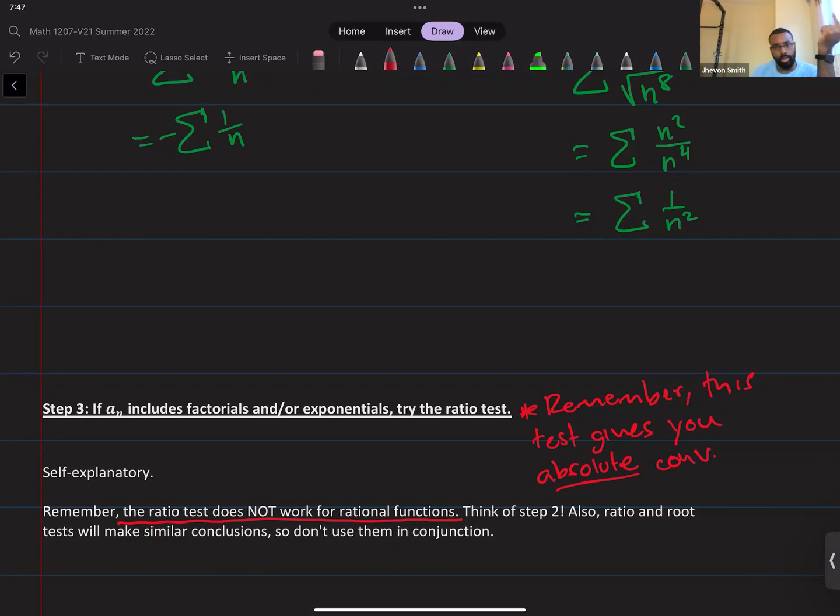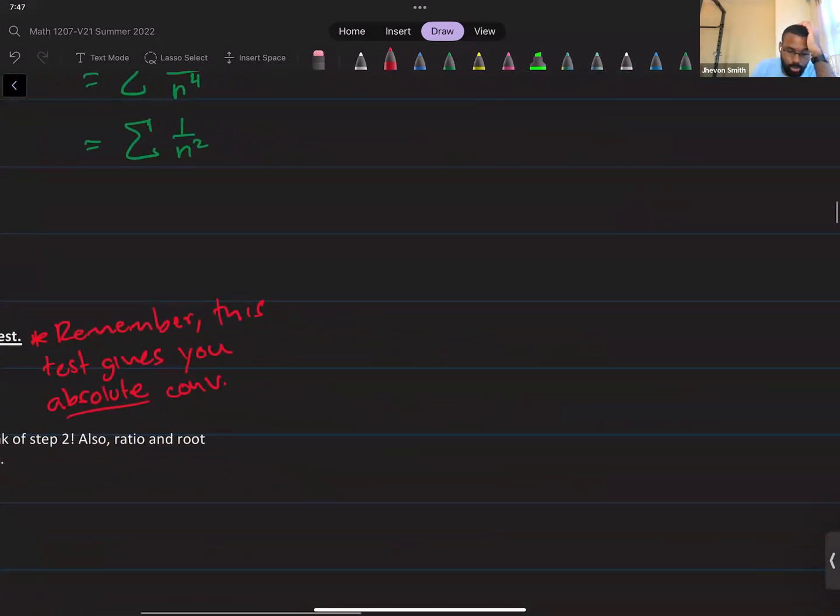The root test also does that. The integral test, if anything applies to the integral test, also does.